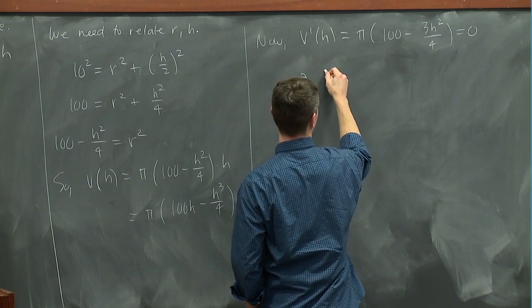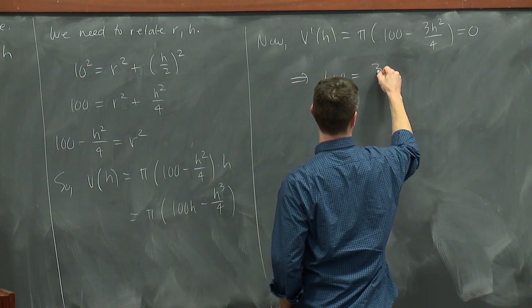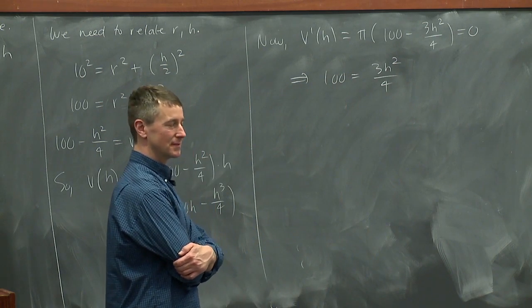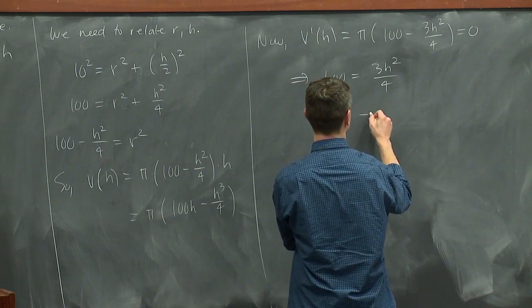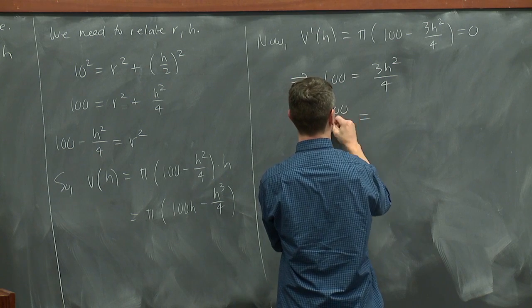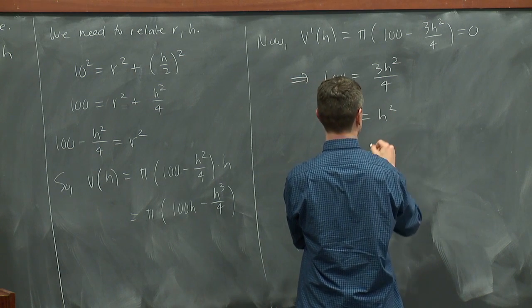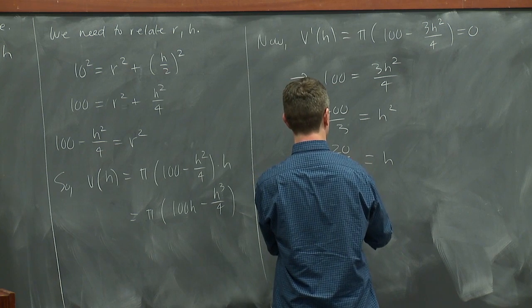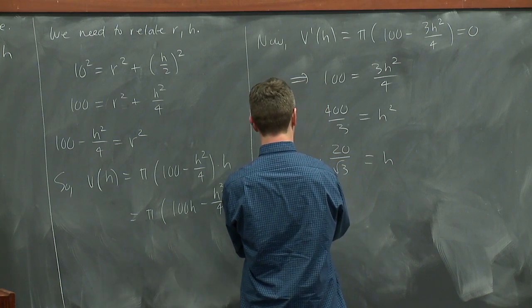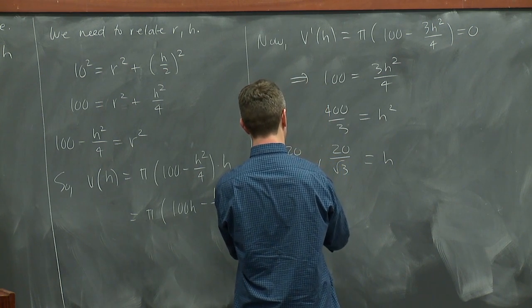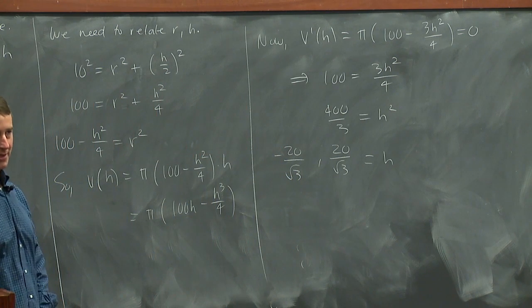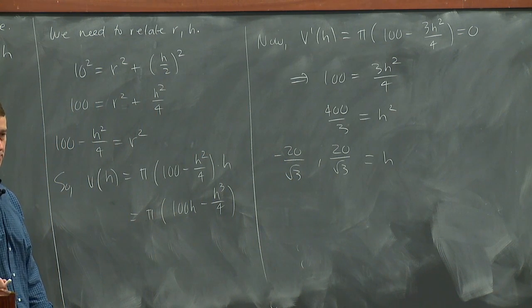So 100 must equal 3h squared over 4. Multiplying both sides by 4/3, I get 400 over 3 equals h squared. Then I take the square root: 20 over the square root of 3, or the negative, because as we've talked before, when you're solving an equation like h squared equals 9, there are two solutions.